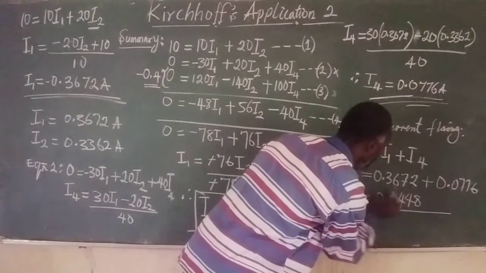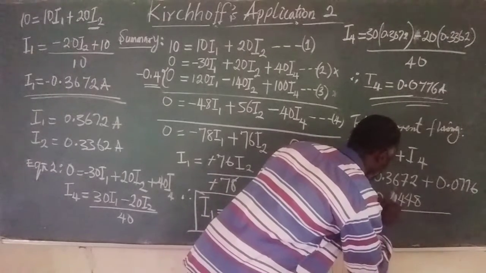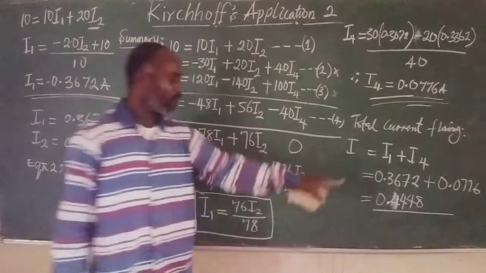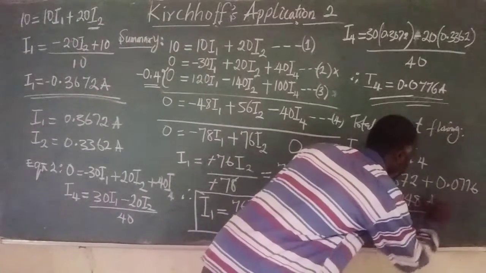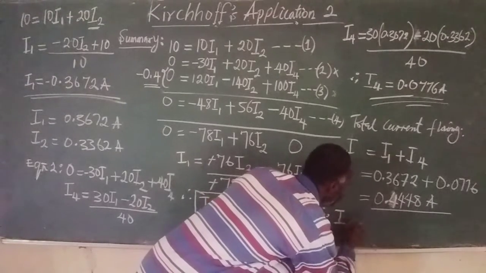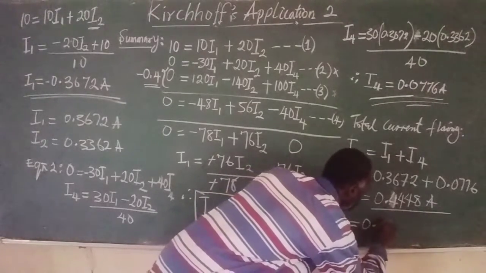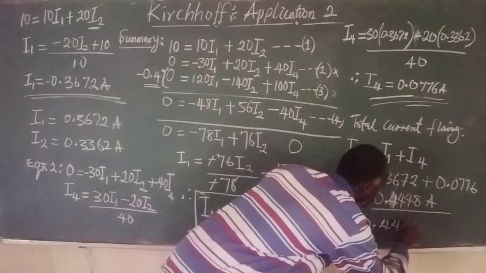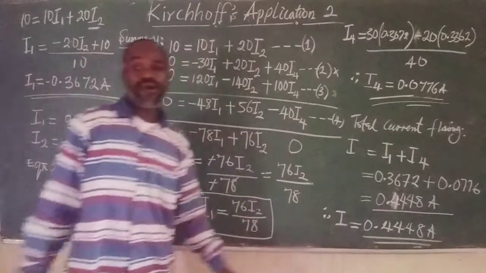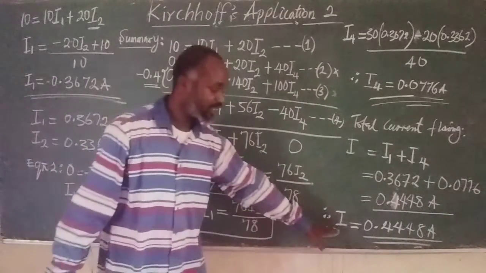Add 1 here, it becomes 4 again. So the answer is 0.4448 amps. Therefore, total current is equal to 0.4448 amps. All right, we have succeeded in finding the total current here.